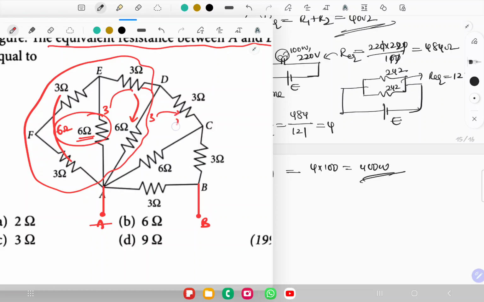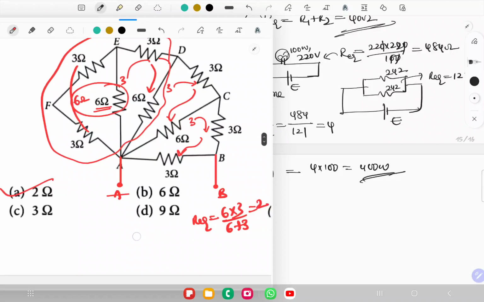Resultant is connected in parallel with 6 ohm. Again the answer is going to be 3. 3 and 3 are connected in series, resultant is 6. 6 and 3 are connected in parallel, then R equivalent is 6 into 3 by 6 plus 3, which is equal to 2. Option A is the correct answer.